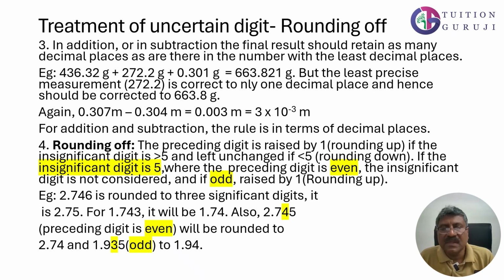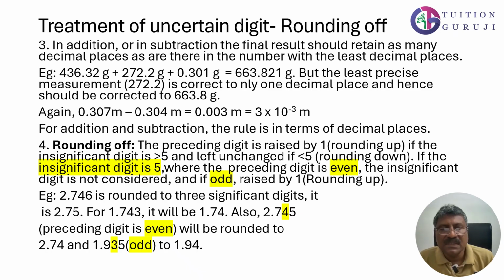But in the case of addition or subtraction, the final result should retain as many decimal places as are there in the number with the least decimal places. So for example, 436.32 plus 272.2 plus 0.301.